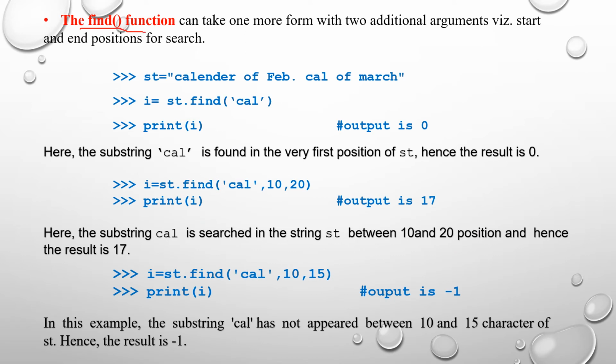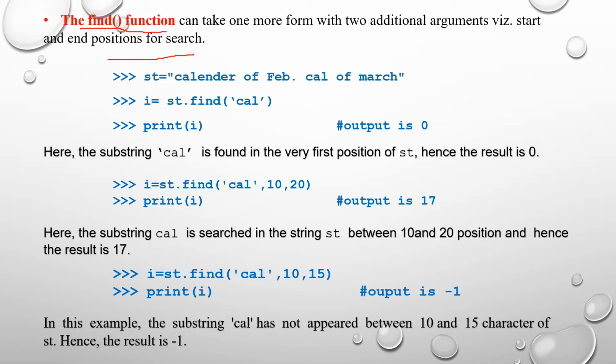The find function can take one more form with two additional arguments, the start and end position of the search. So for example, st is equal to calendar of February dot calendar of March.